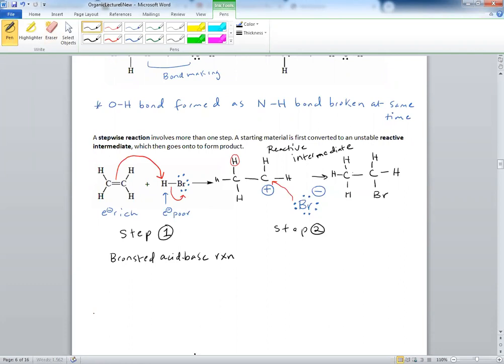In step 2, you had actually a Lewis acid and base, or a nucleophile-electrophile reaction.